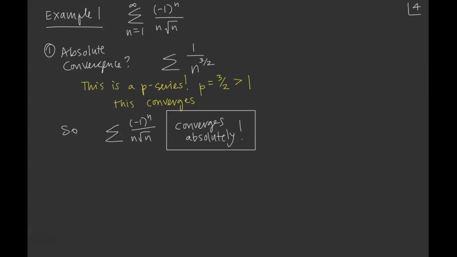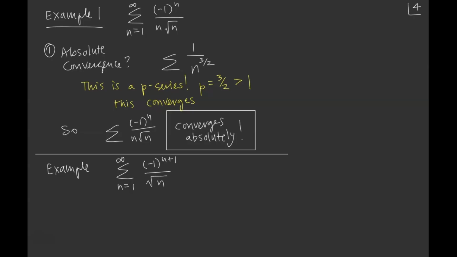Let's try another example, where we're going to look at the alternating series, and it looks like this. Why don't you pause the video and try this one on your own? You can probably look at it and tell some things already.